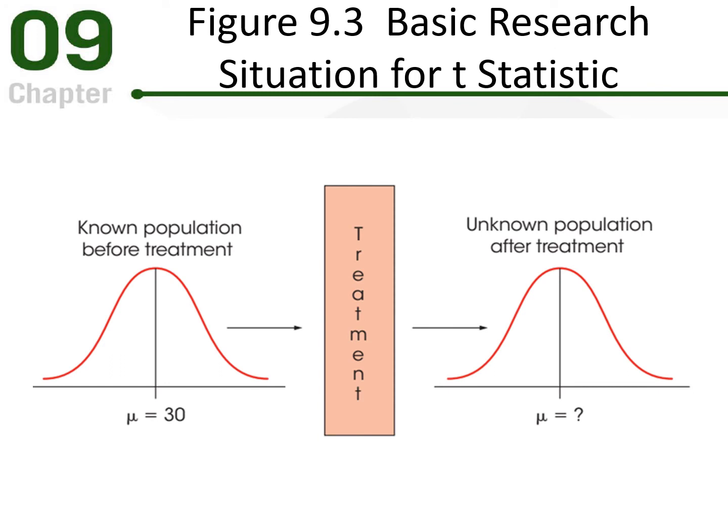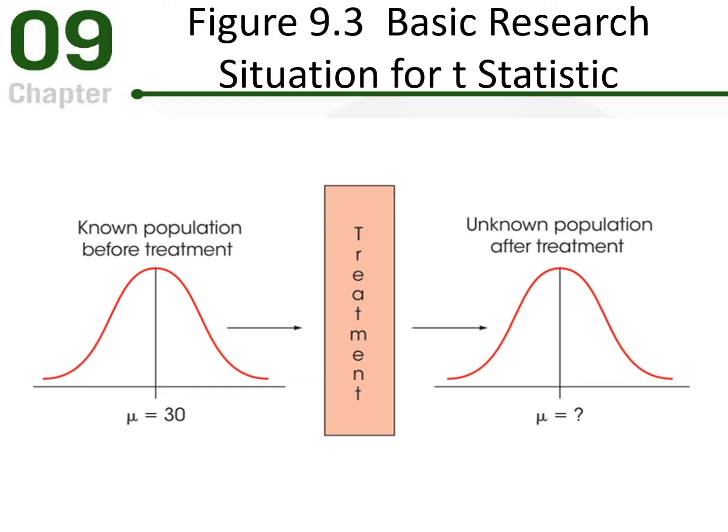And if you're doing a Z-test for your research, you have a population that represents the null hypothesis, and the mean of that population here is 30. That's the no effect, right? This is before treatment, so basically there's no effect here. Then you get a sample, and you give the sample some kind of treatment, and then you measure the mean of the sample.